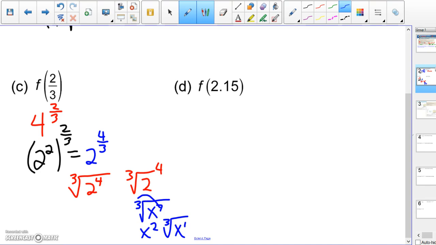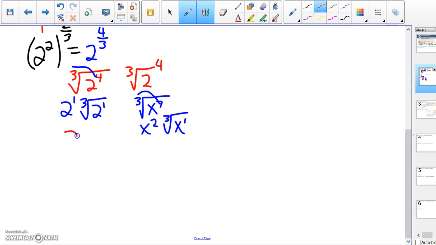So we're doing kind of the same thing here. 3 goes into 4 once. So one of the 2's comes out with 1 left over inside. Our answer appears to be 2 times the cubed root of 2.